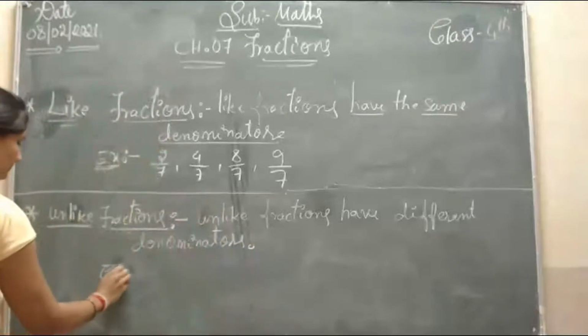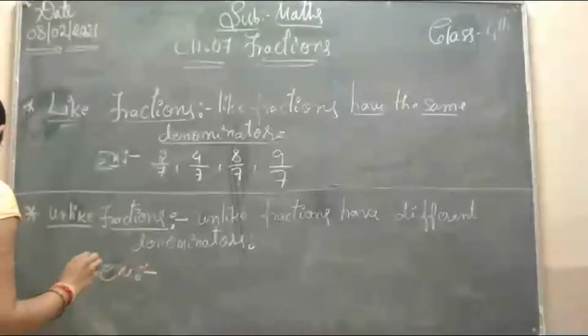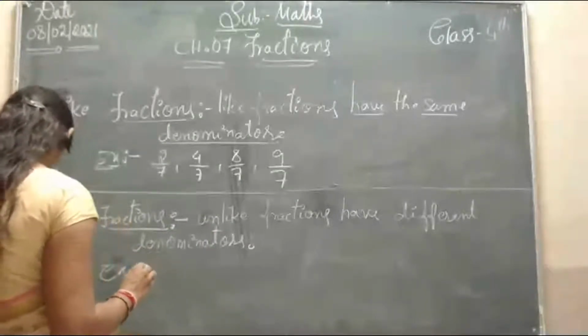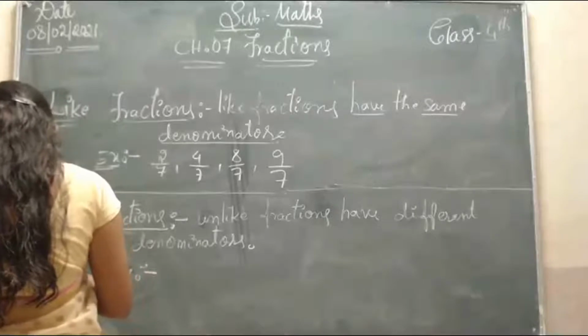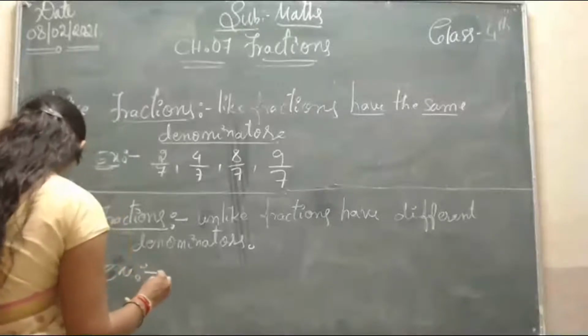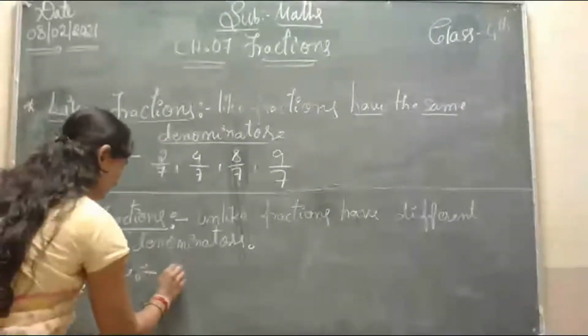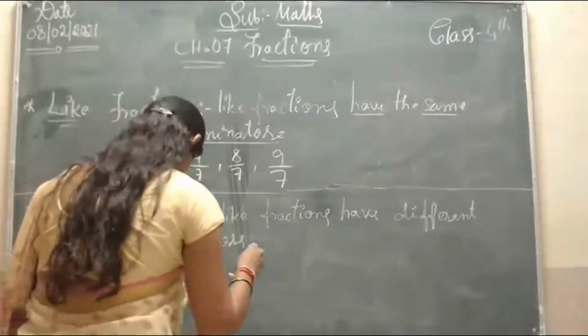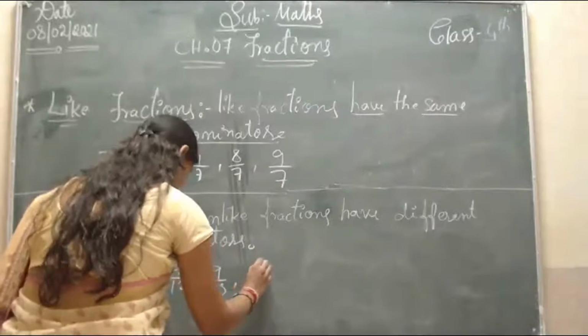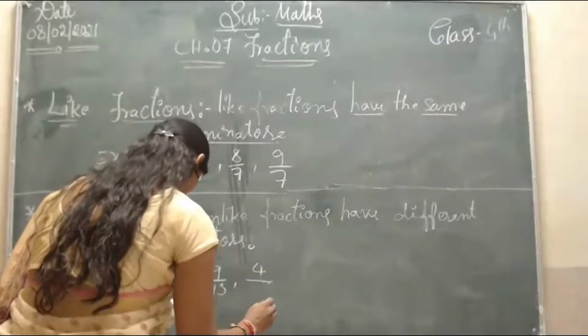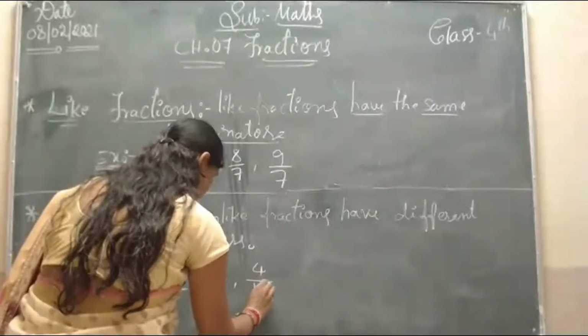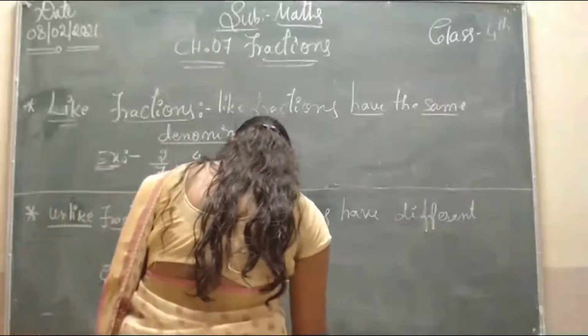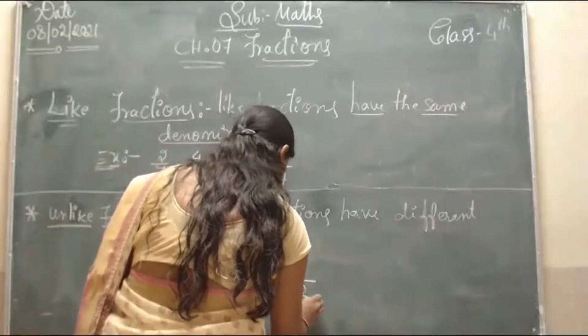For example, 9 by 12, 9 by 13, 4 by 12, 3 by 12.